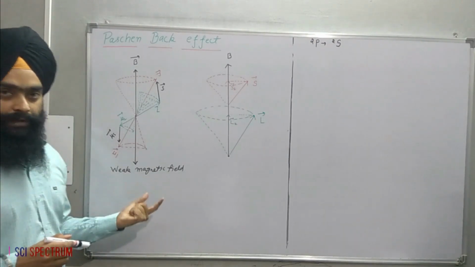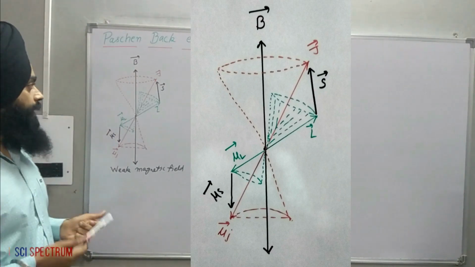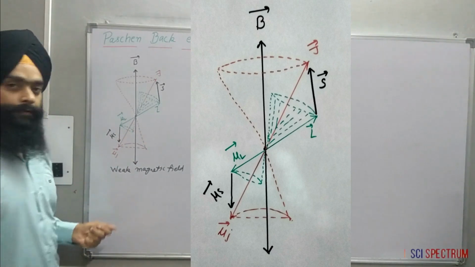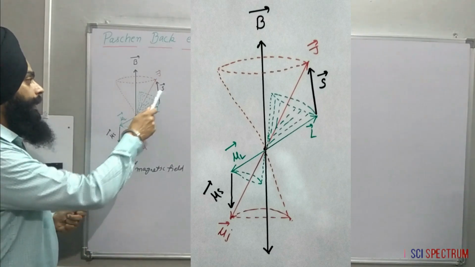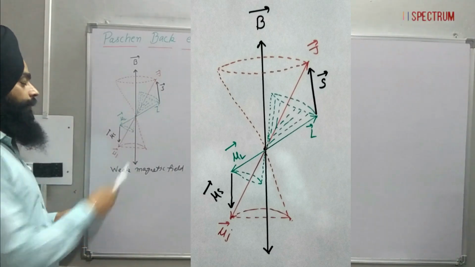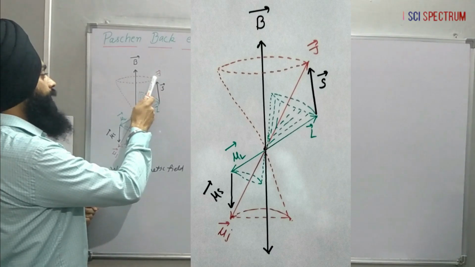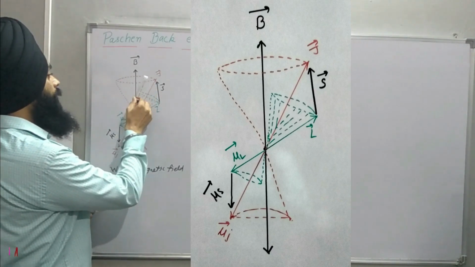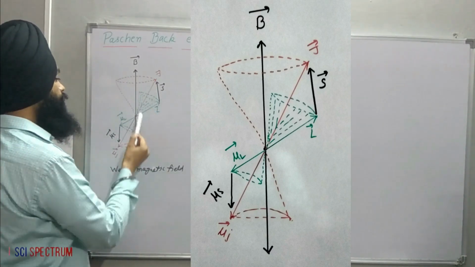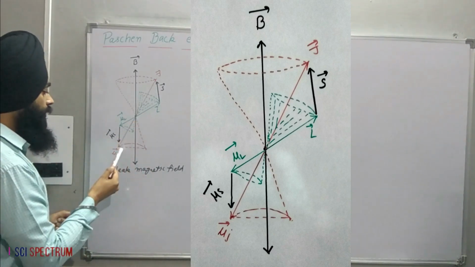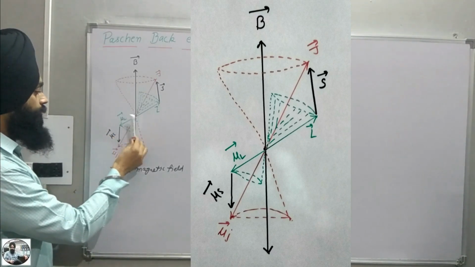This weak magnetic field means the external applied magnetic field B is small, weak as compared to the internal magnetic field, or we can say weaker as compared to the coupling between L and S. You can see in the diagram here, the L and S couple together to form the J, and this J, total angular momentum vector, precesses around the B like a spinning top here, and the dipole moments, which are exactly opposite to the angular momentum, precess around the negative B like this.